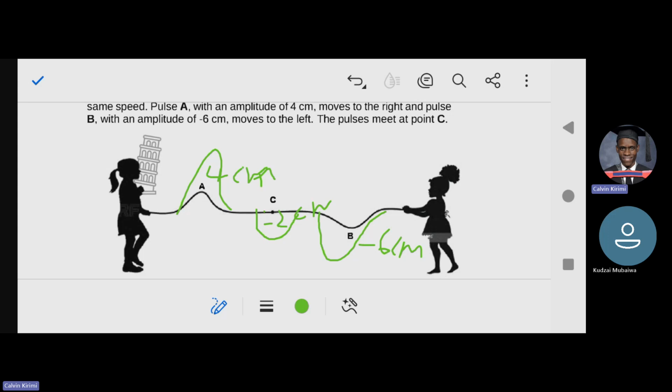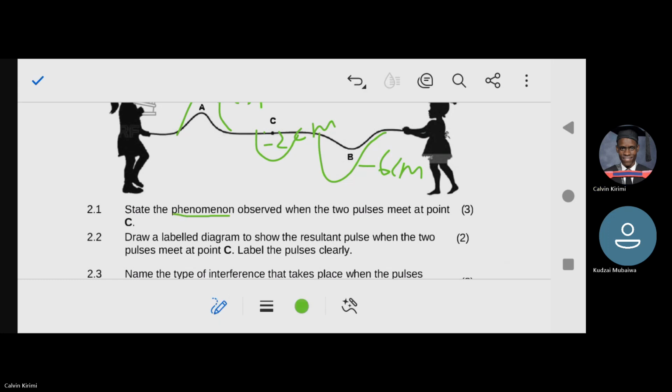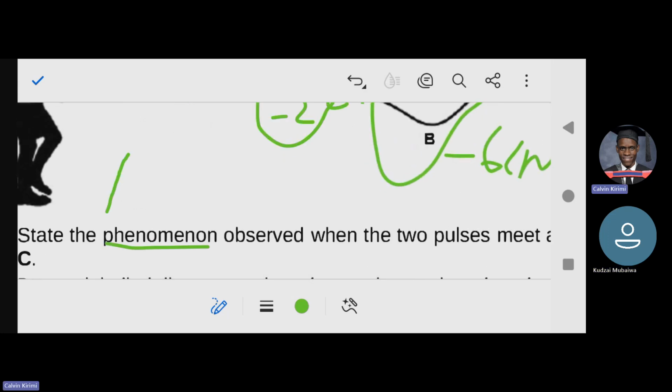So at C, the amplitude here, you are expecting negative. So which principle are they talking about? Which phenomenon is observed by the two learners at point C? What do you call that phenomenon? Not the rest position, the phenomenon, which means the principle at C which they are going to observe. It's the principle of superposition.